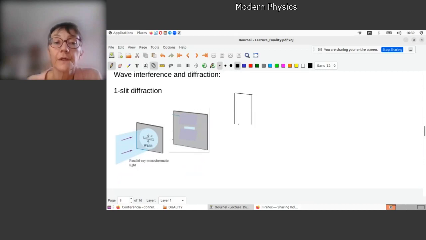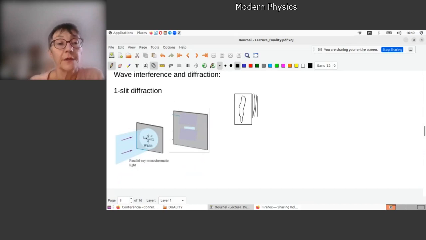For example, they always show a razor blade, I don't know how to draw this, but it's a very sharp edge, and if you look very carefully, you will see a series of fringes. So maybe it would be better to put here some image of diffraction by an aperture or by an obstacle.